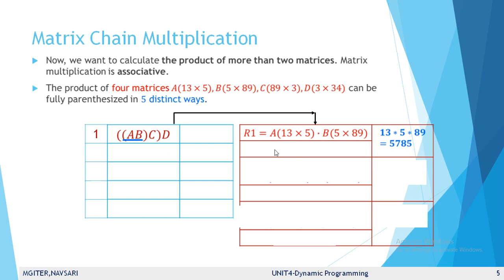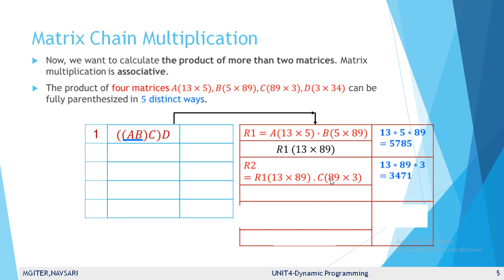The answer is stored in, suppose, R1, so the dimension of R1 becomes 13 cross 89. Now this is multiplied with matrix C, so 13 cross 89 is multiplied with 89 cross 3. The answer is stored in R2, and the computation is 3471.